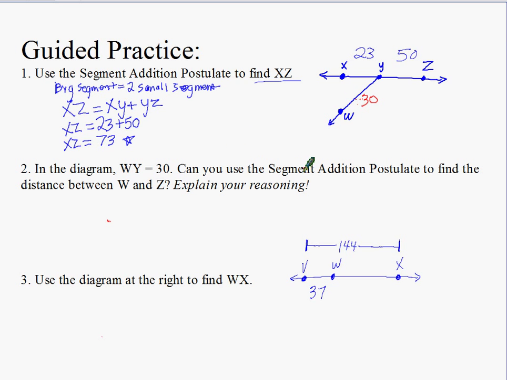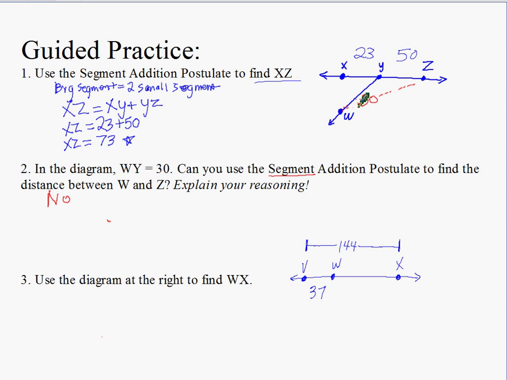I want to know, can I use the segment addition postulate to find the distance between W and Z? Can I find this distance? No. Well, why not? Explain your reasoning. I'm going to say no, because of the segment addition postulate. If you look between W and Z, there is no segment.